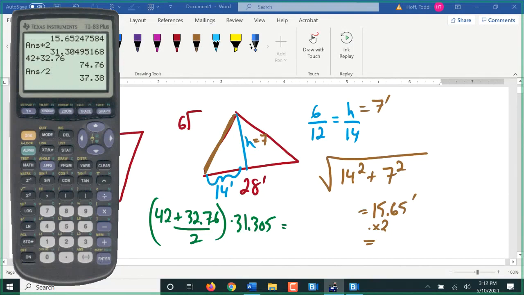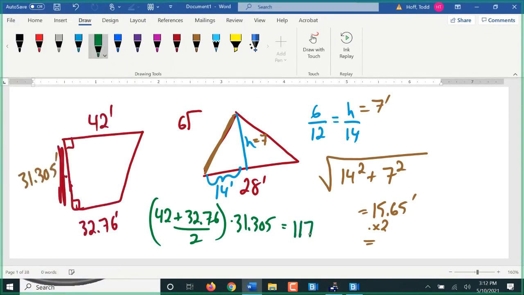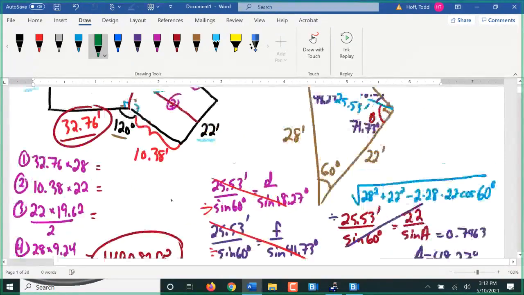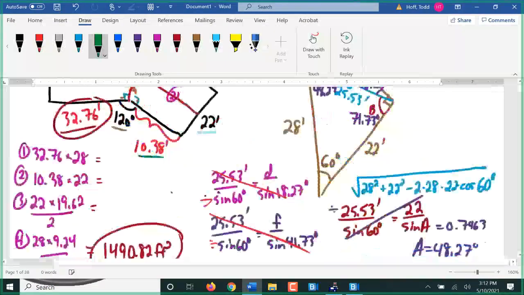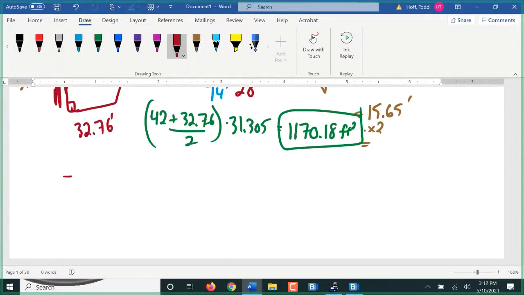So we have 37.38 is our average of our bases times 31.305. 1170.18 we'll call it. Perfect. That's for the one side. Now we need to do the other side over here yet. We've got 30 and 10.38 on that one.